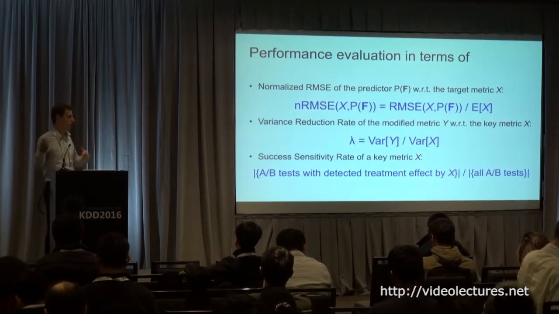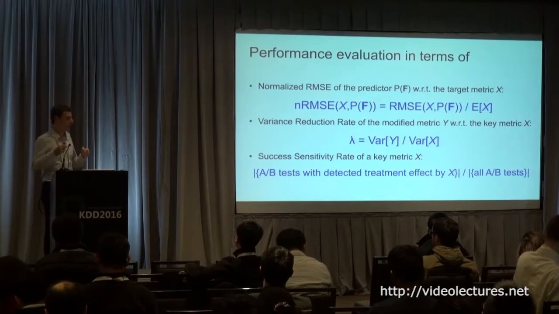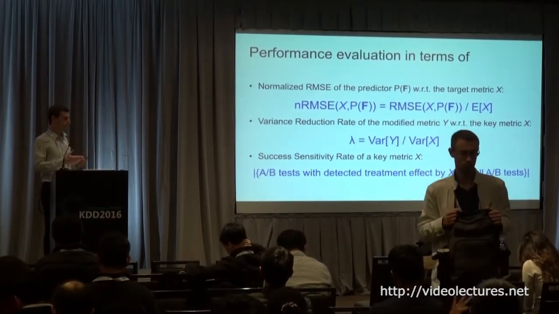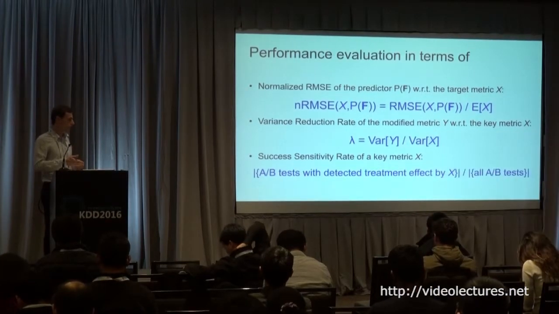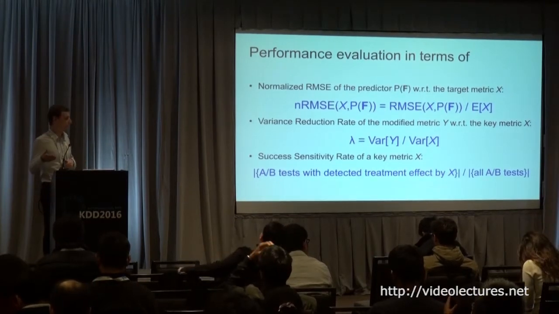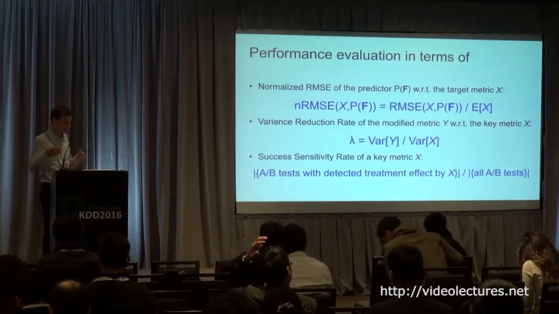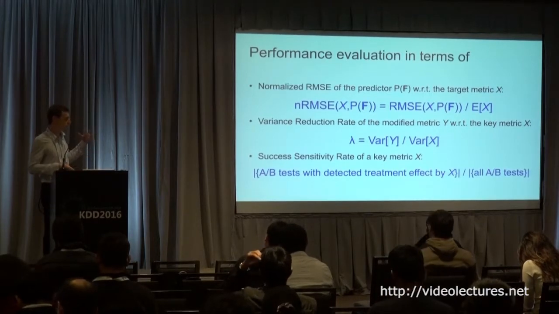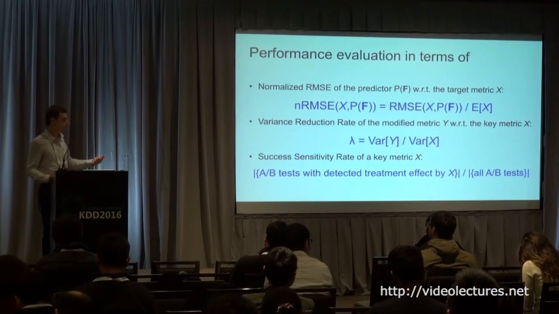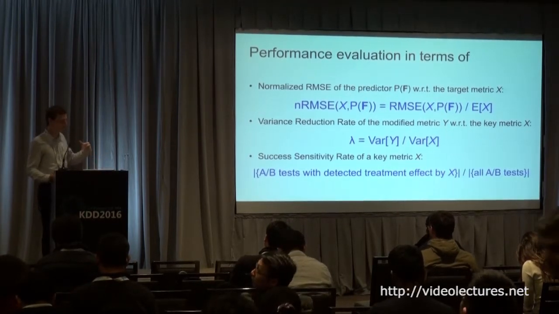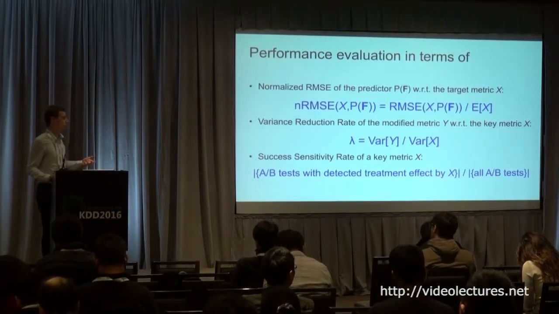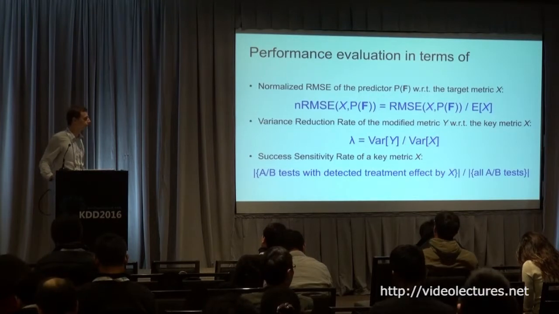For instance, x is the number of sessions for a user, and y is the difference between the actual number of sessions and the predicted number of sessions. And then we calculate the variance for this metric y over all users and calculate the variance for metric x over all users in our A/B experiment.